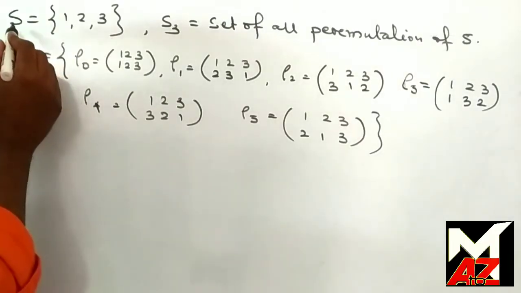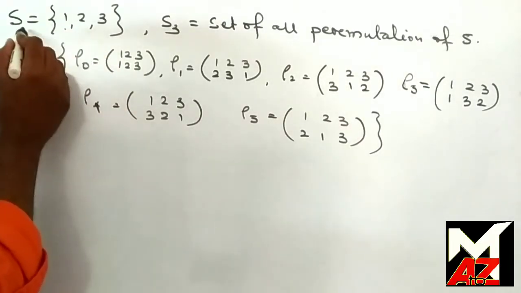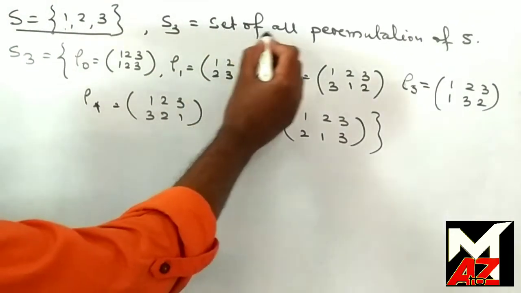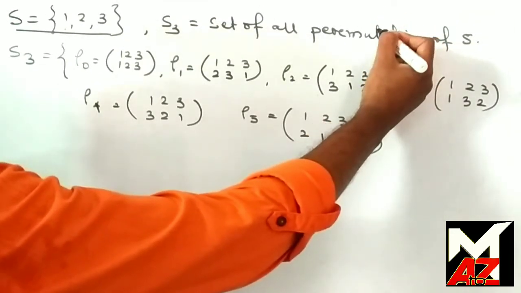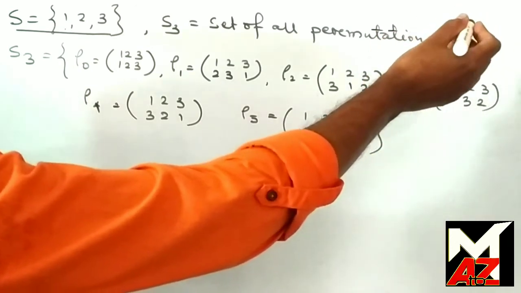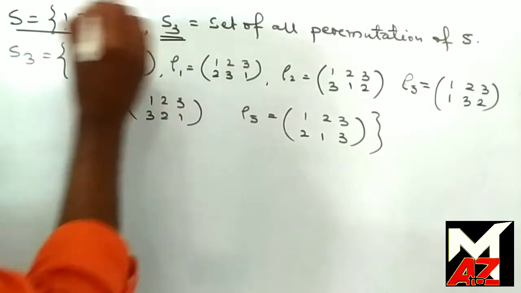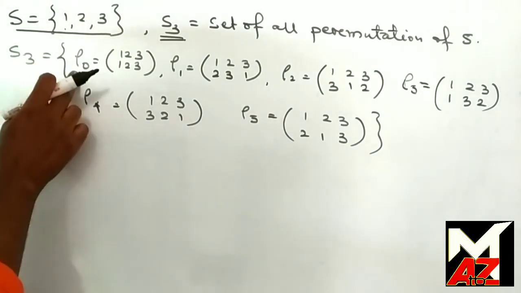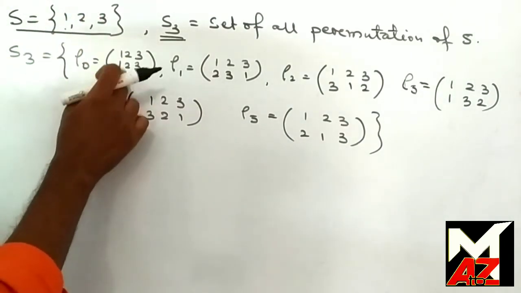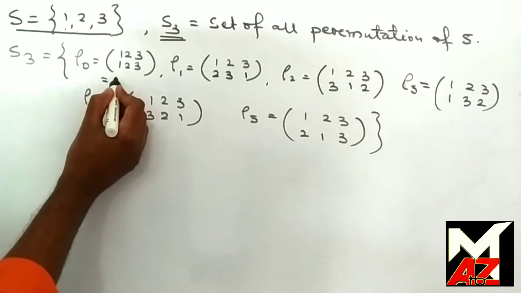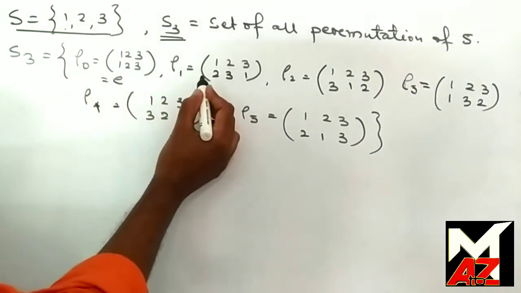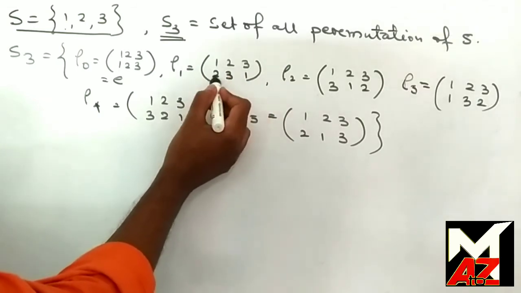The set of 3 symbols 1, 2, 3, this is S, and the set of all permutations of S is denoted by S3. That is, S3 contains row 0, that is 1, 2, 3, 1, 2, 3. This is also denoted by E or I. Row 1 is 1, 2, 3, 2, 3, 1.